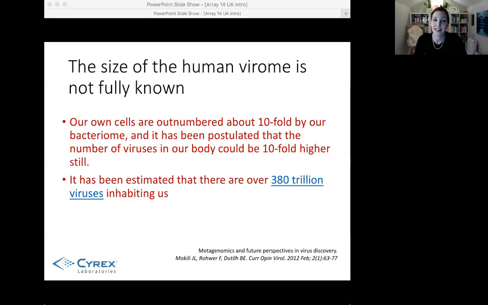And if that doesn't slightly blow your mind, then I don't know what will, because that number is so huge that I can't really compute it properly. But again, it really brings me back to the point that we are designed to live in harmony with viruses, and understanding your immune system is the key to having a healthy relationship with the viruses that you encounter.